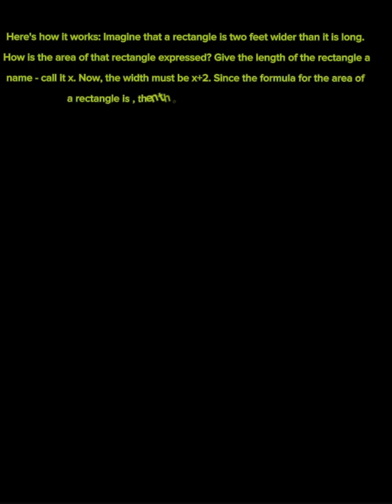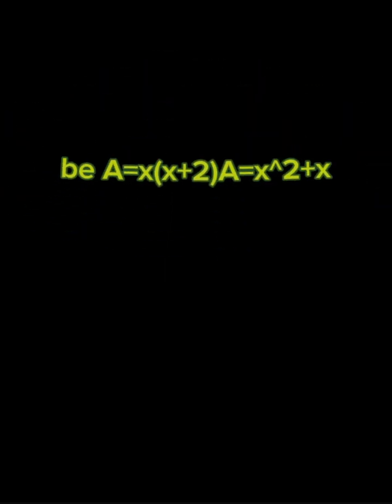Since the formula for the area of a rectangle is length times width, the area must be A equals x times (x plus 2), which equals x raised to power 2 plus 2x. That's a quadratic equation. They are called quadratic equations because they can model the area of quadrilaterals.